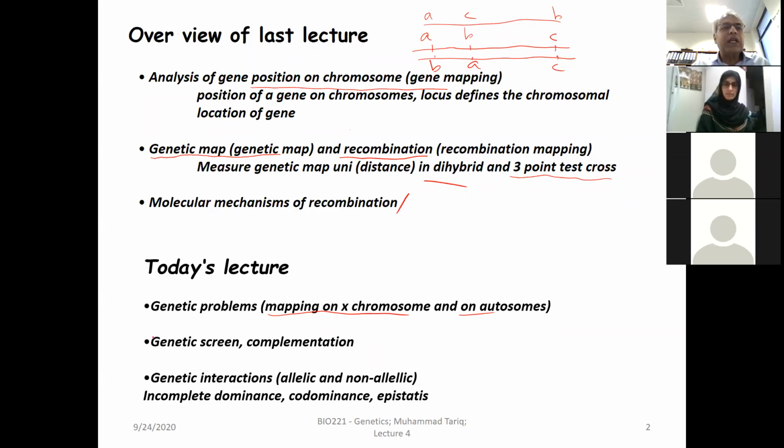Finally, we'll come to today's lecture, which is about gene discovery, gene hunt, or in genetic analysis, what we call genetic screen. And in the context of genetic screen, we'll talk about complementation and allelic interactions. The non-allelic interactions we will talk about in the next lecture. All this is part of our genetic screens.